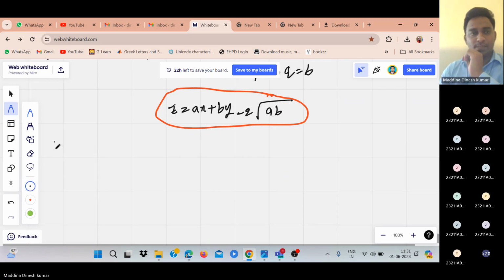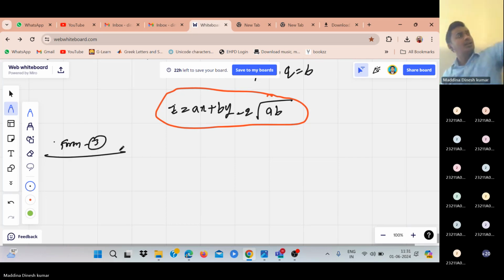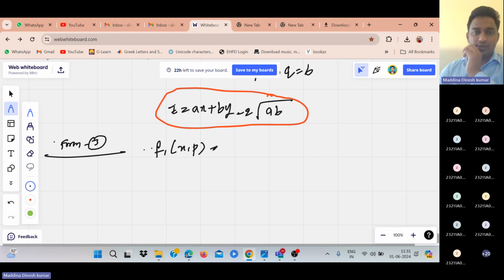Form 3, that is f1 of x comma p equal to f2 of y comma q.